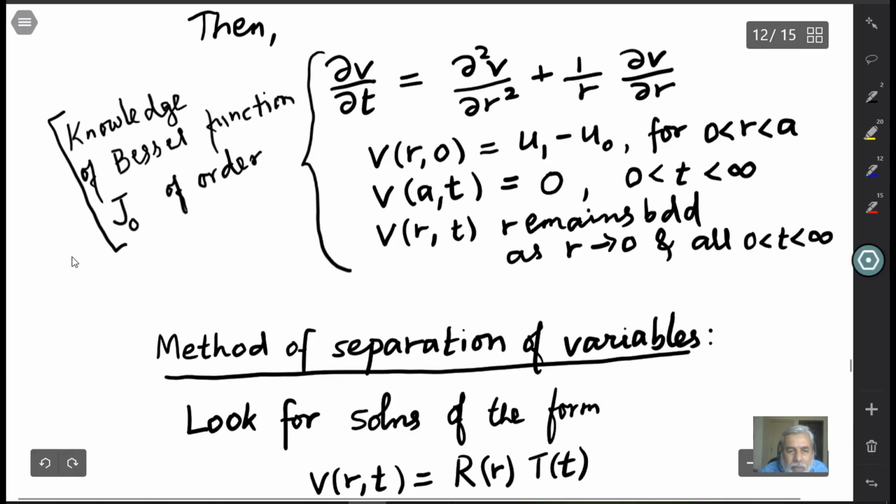So you can refer to any good book on special functions including these Bessel functions, and for your reference we are going to prepare some notes on the various properties of the Bessel function we are going to use in this course, in particular this example, but we are not providing any proofs.